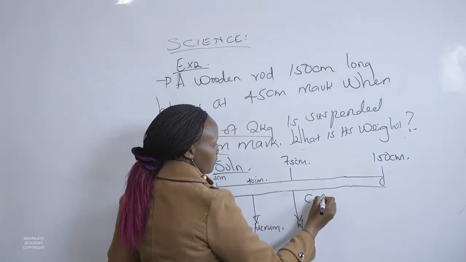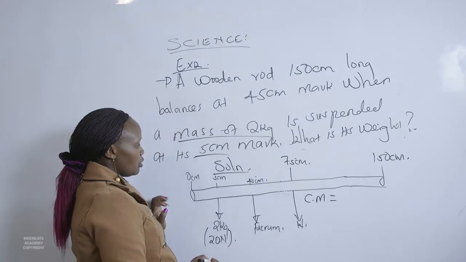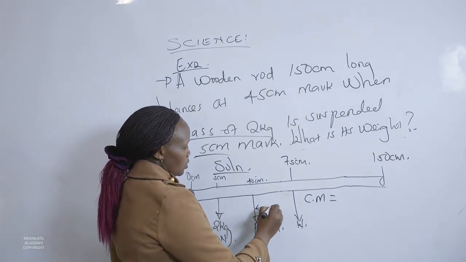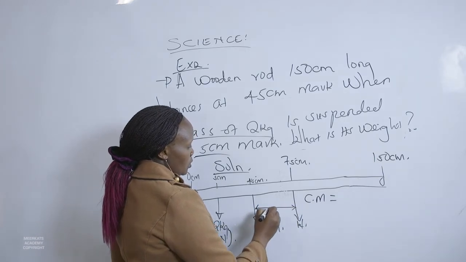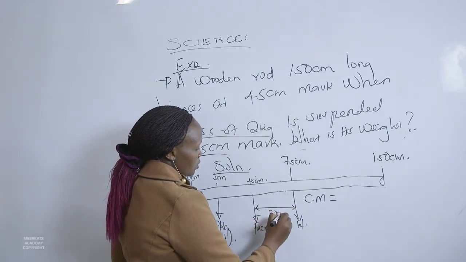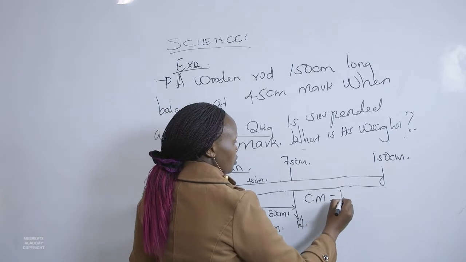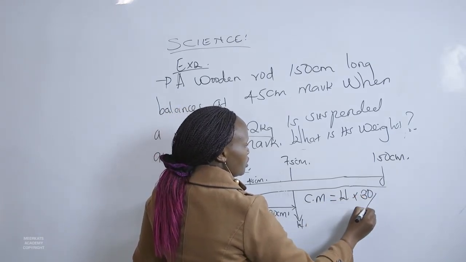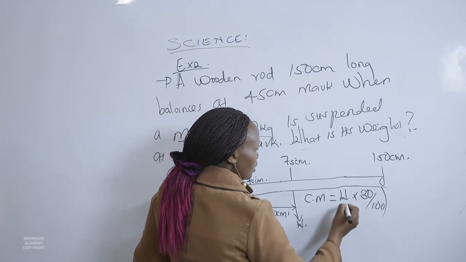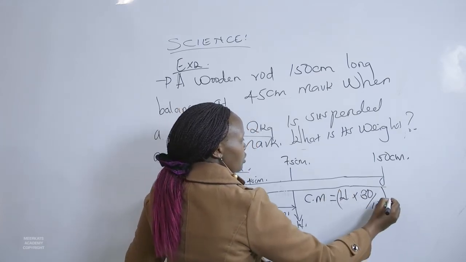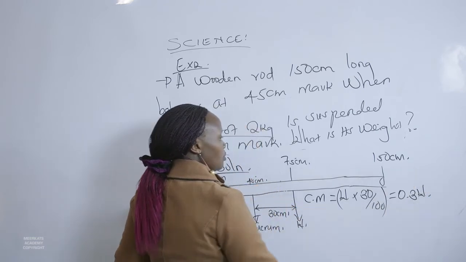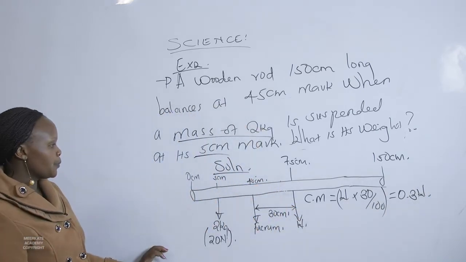Clockwise moment will be equal to weight multiplied by the distance, which is 30. Change that to SI units so that we have 0.3 W for weight.